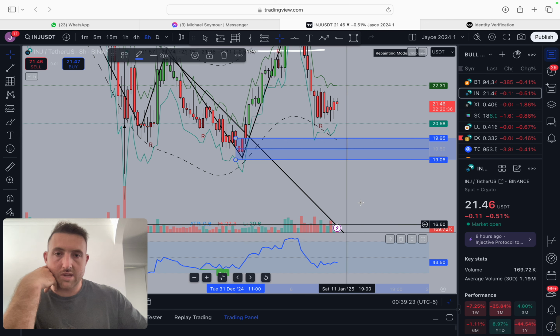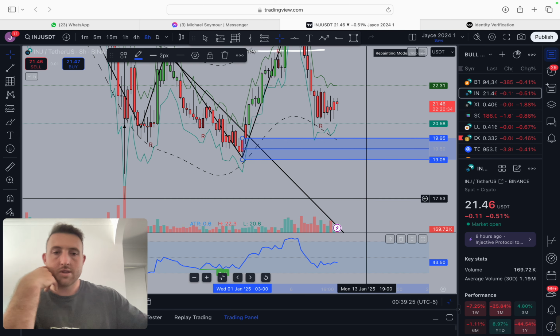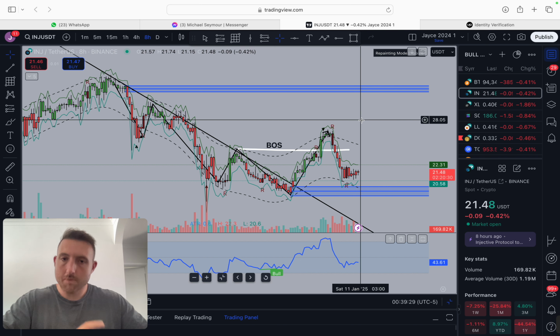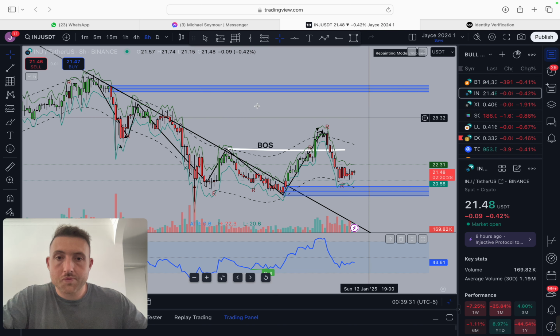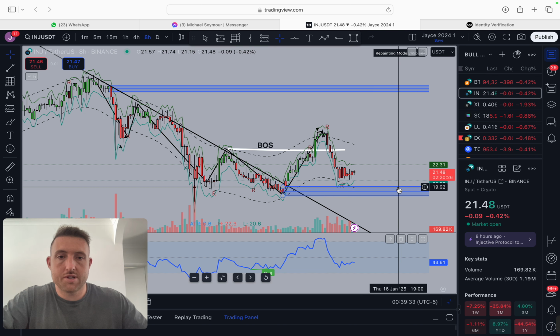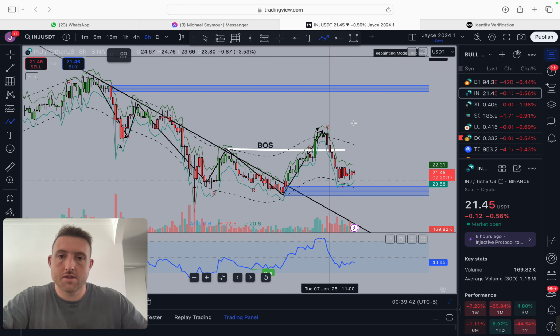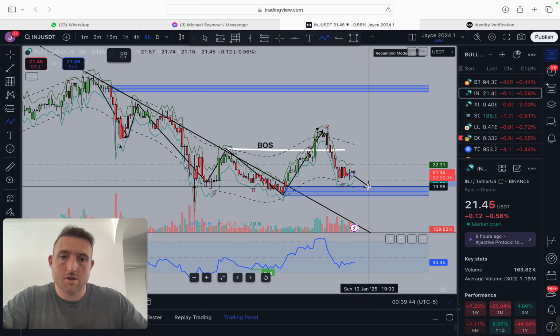Whether it gets filled now before going up, but for me, I would be looking for an entry around here, a retest of here. And I'd love to pick up some INJ around $20, 19.96 is that.